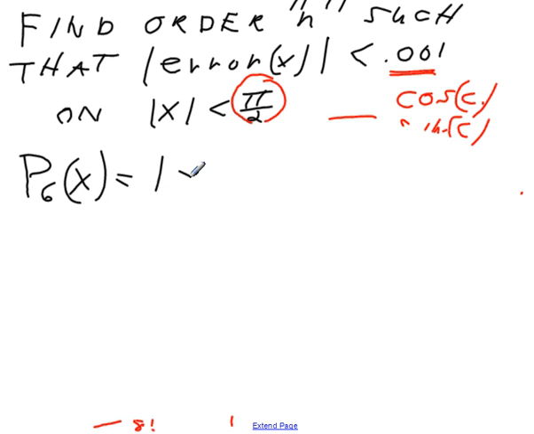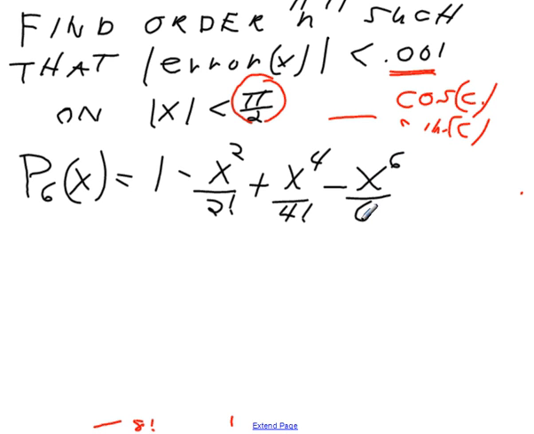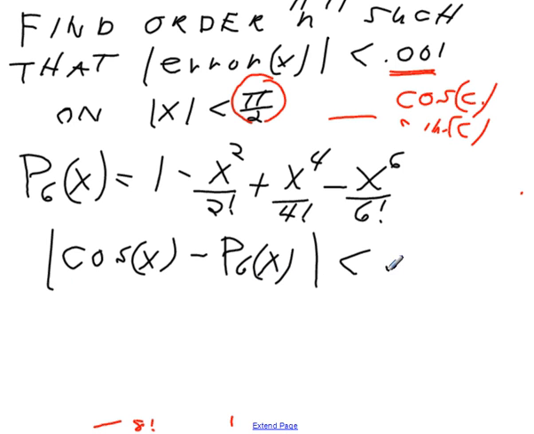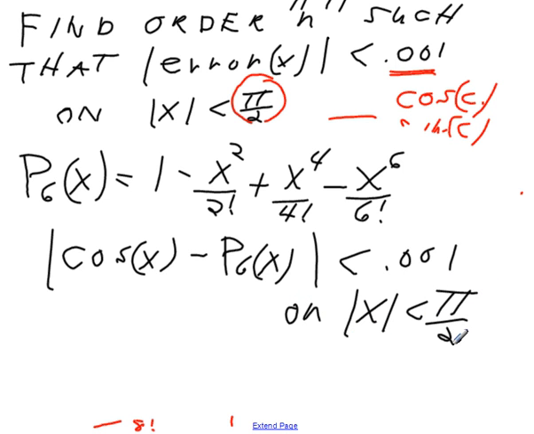That's going to be 1 minus x squared over 2 factorial plus x to the 4th over 4 factorial minus x to the 6th over 6 factorial. With this we can say that the absolute value of cosine of x minus p6 of x is going to be less than 0.001 for absolute value of x less than pi over 2.